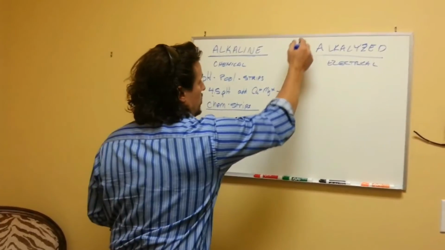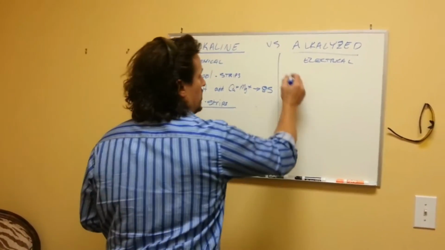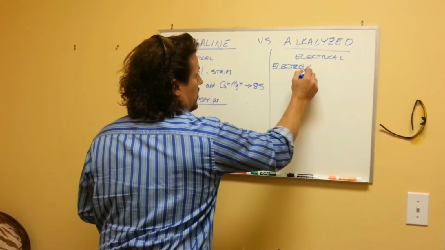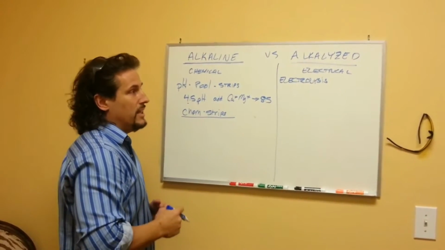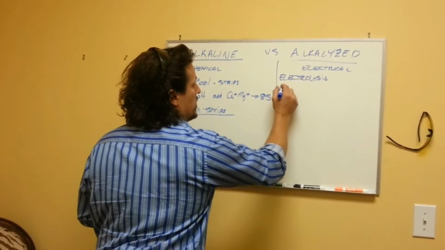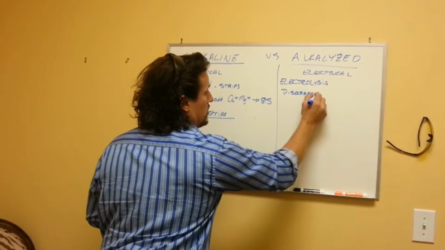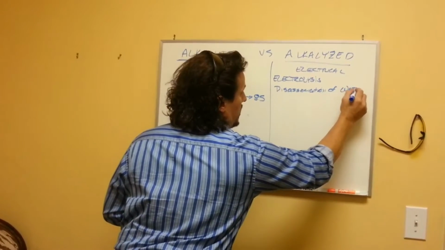However, when you compare this to alkalized water, there's an electrolysis process, and basically it's shocking the water. It takes an enormous level of energy to do a process that is called the dissociation of water, and you can Google that.